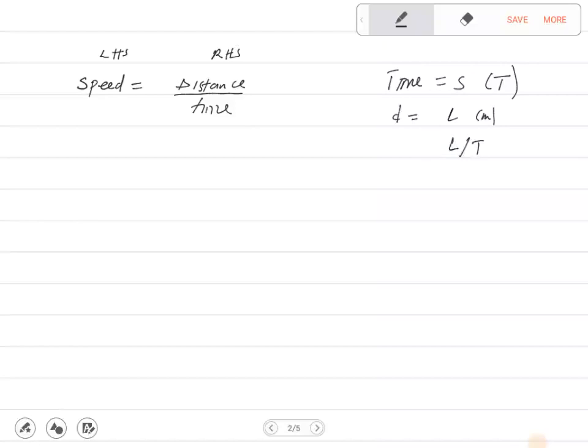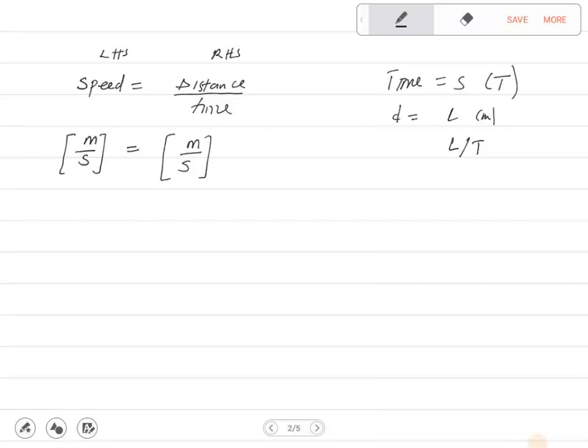So let's see if this equation is dimensionally correct. Speed is meters per second. Distance is measured in meters, time is measured in seconds. We need to show that the right side is equal to the left side.